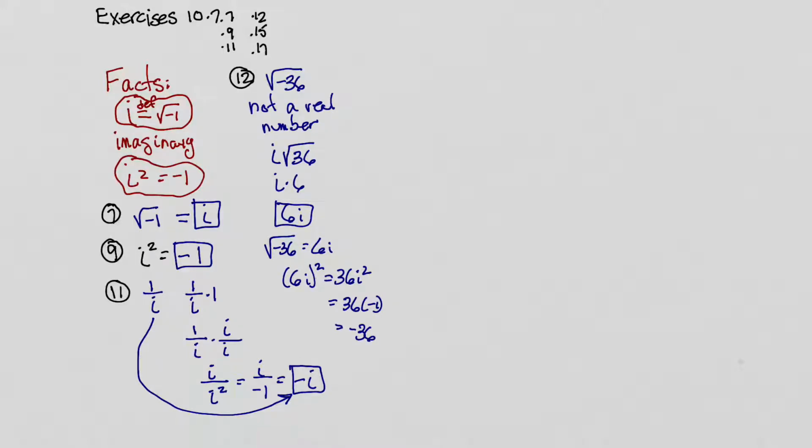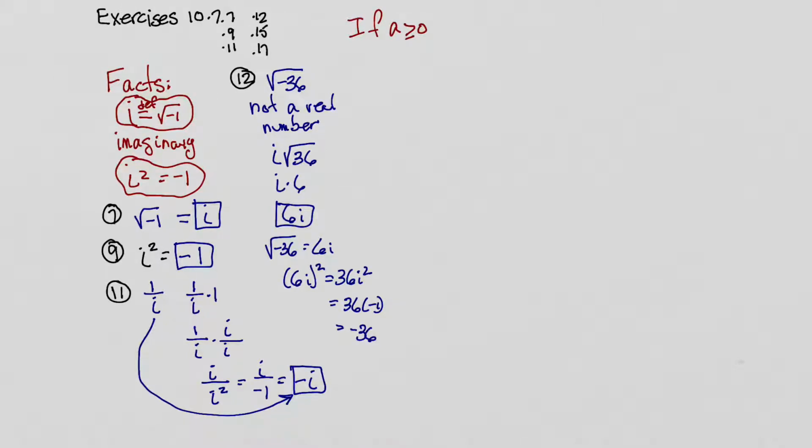So in general, here's another fact. Let's suppose a is greater than or equal to 0. So just think about a being 0 or maybe a positive number. Then -a, the opposite of a, is less than 0, right? So -a is a negative number.